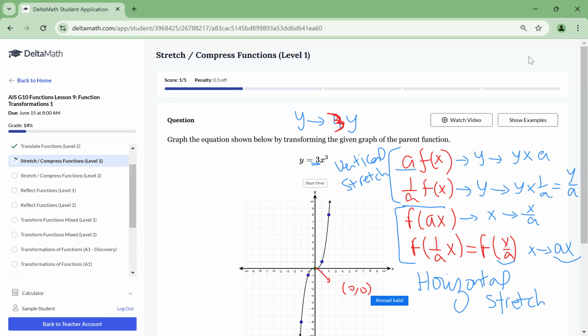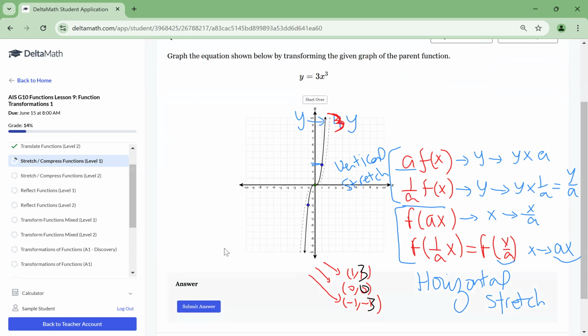And then for this, we have 1, 1. This is negative 1, negative 1. 3 points are enough. You don't need more than that. You multiply the y value by 3, so you get 3 and 0 and negative 3. So the 0, 0 stays in place. This here goes to 3. And this automatically goes to negative 3 as well. And we're done.